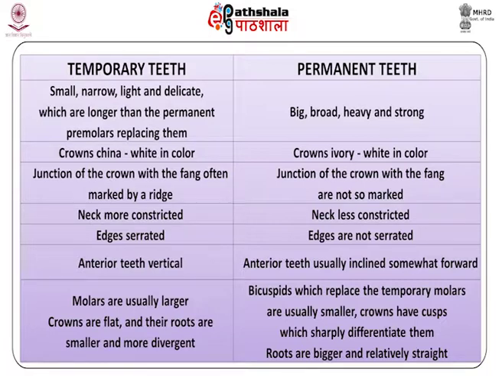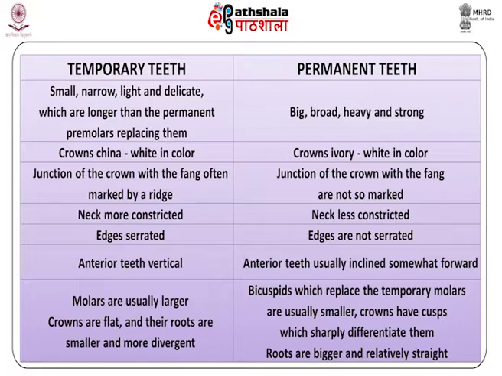Starting with the temporary teeth, they are small, narrow, light and delicate, and longer than the permanent premolars replacing them, whereas permanent teeth are big, broad, heavy and strong. In temporary teeth, crowns are china white in color; in permanent teeth, the crowns are ivory white.